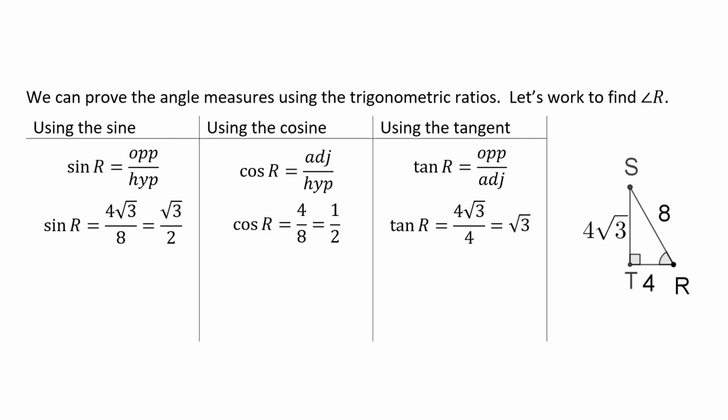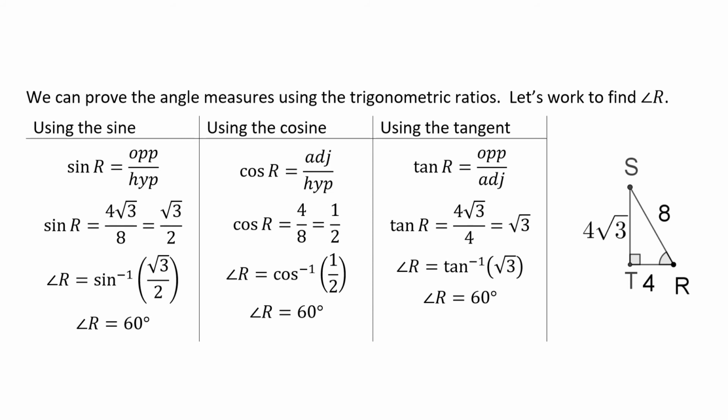It brings us back to the idea of the dilations. We could increase the size so that the small side was 6, then we would have 6 radical 3 and 12. We could go out to 19, then the long leg would be 19 radical 3, and the hypotenuse would be 38. The pattern always applies. If we go to take the inverse sine, cosine, and tangent of those respective values, each one will give us precisely 60 degrees.